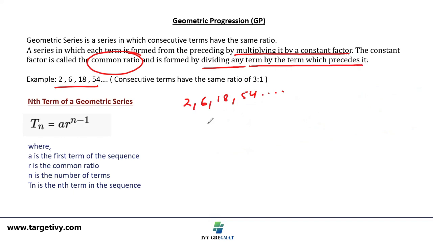So to find this constant ratio, or R as we call it, if I take these two, it is 18 by 6. If I take these two, it is 54 by 18.